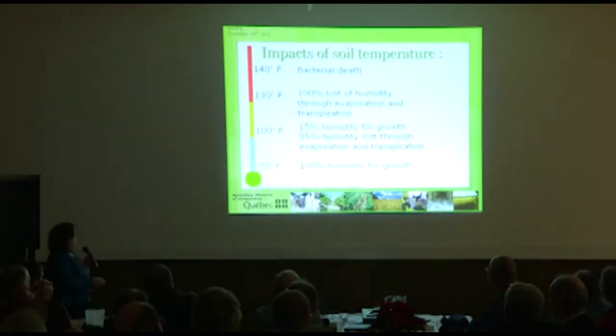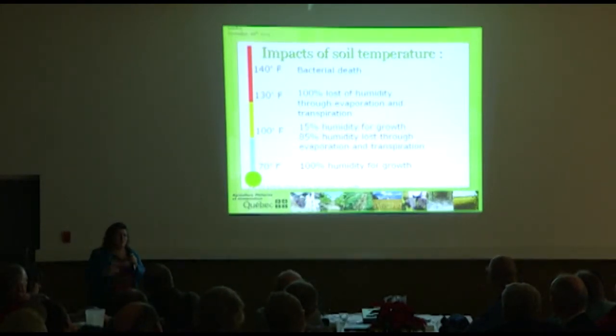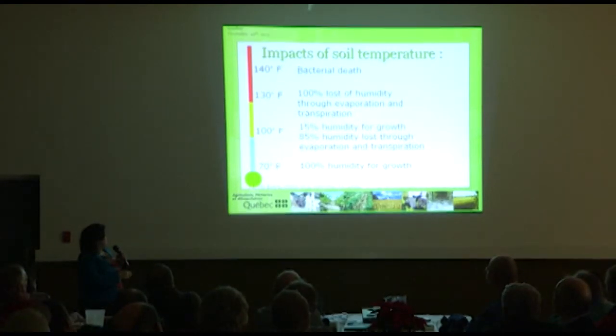But what we have to look at is the impact of that soil temperature on what's going on in the soil. At 70 degrees Fahrenheit, 100% of the humidity is used for the growth of your crop. At 100 degrees, 15% for the growth, 85% is lost through evaporation and transpiration.